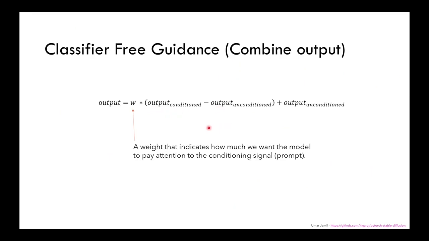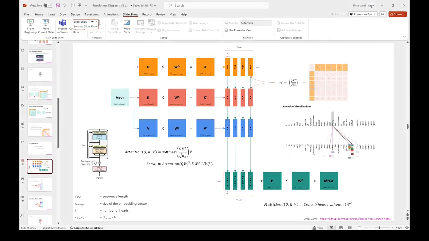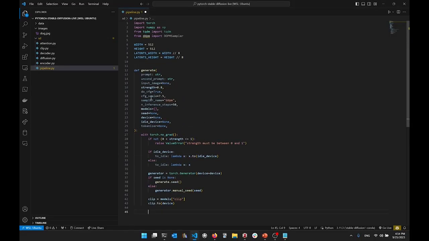And then we combine the output of the model linearly with a weight. This weight W is this weight here, CFG scale. It indicates how much we want to pay attention to the conditioned output with respect to the unconditioned output, which also means how much we want the model to pay attention to the condition that we have specified. What is the condition? The textual prompt that we have written.